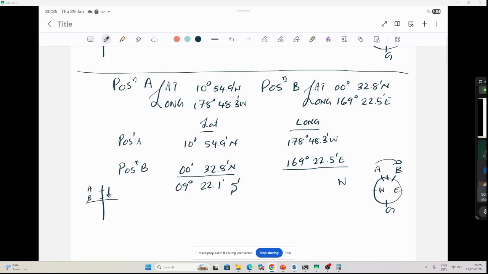So 60 minus 10.8 is 49.2, right? 359 minus 348 is 11 degrees.